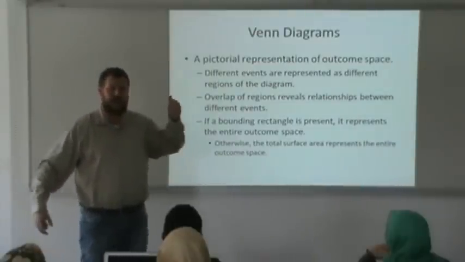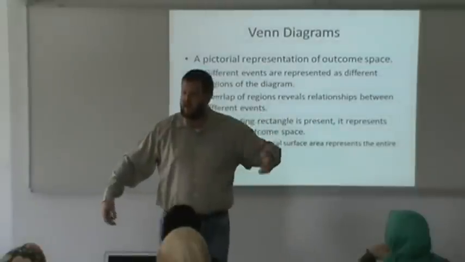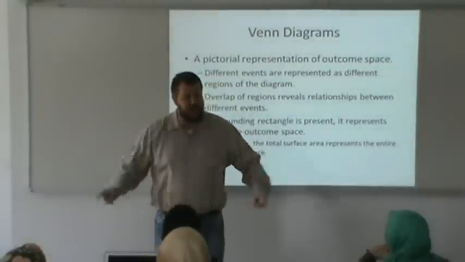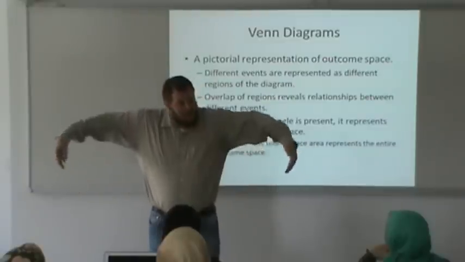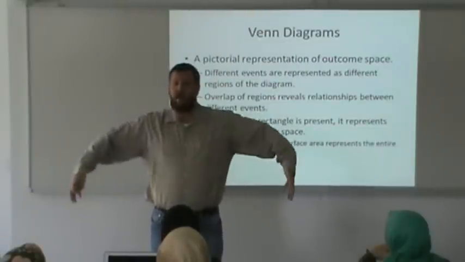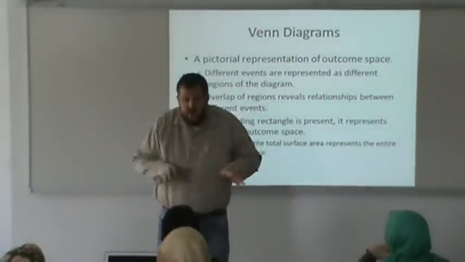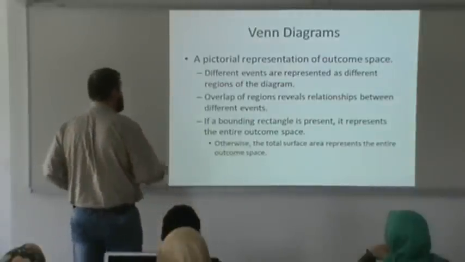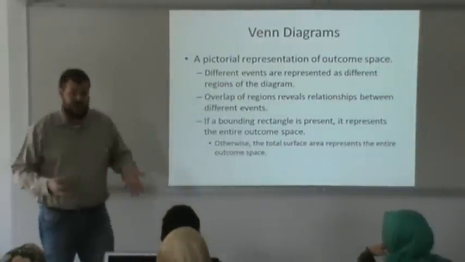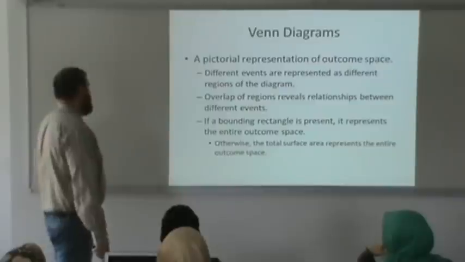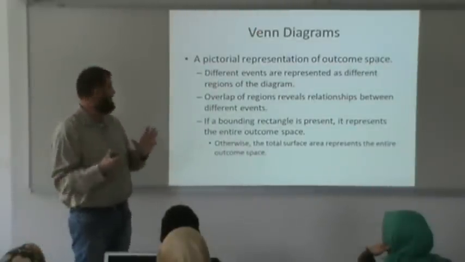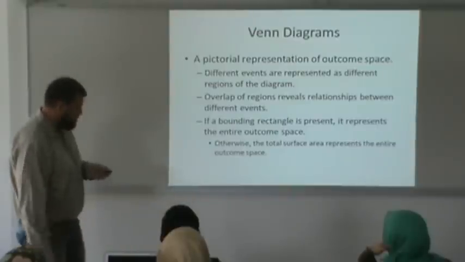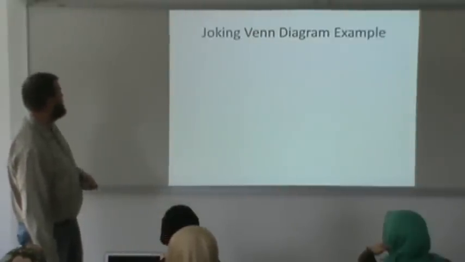So in the previous class, we talked about the outcome space for heads and tails, and I had this rectangle, and then there were 2 squares on the inside. So that big bounding rectangle is the entire outcome space. And then those individual regions represent different outcomes or different events. Those would have been simple events. If we don't have a rectangle, then the total surface area of all of the things inside of that Venn diagram is going to represent the outcome space.